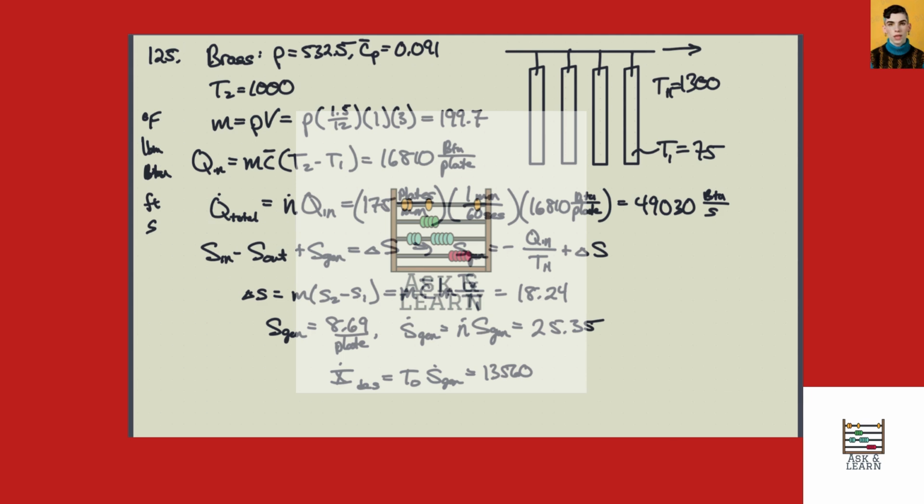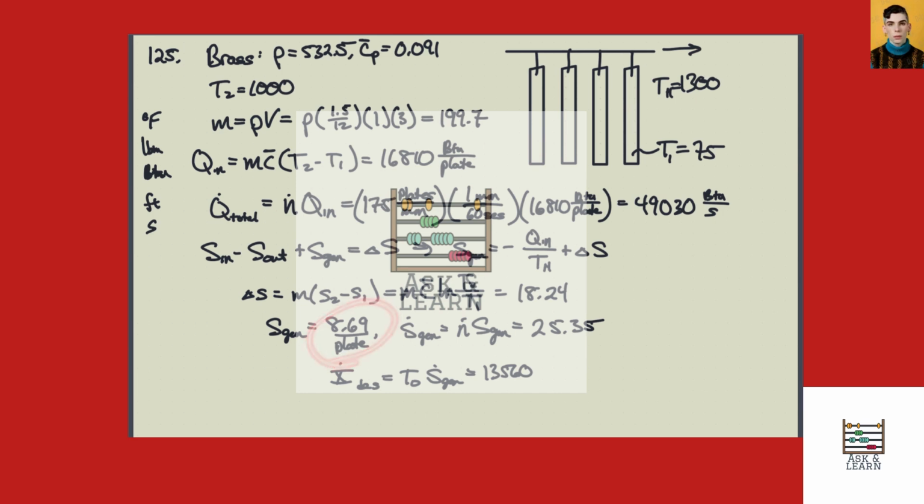Now we know all these values. The change in entropy per plate is 18.24 BTU per pound mass Rankine. We plug that in here because we have a heat transfer per plate, and we know the reservoir temperature.